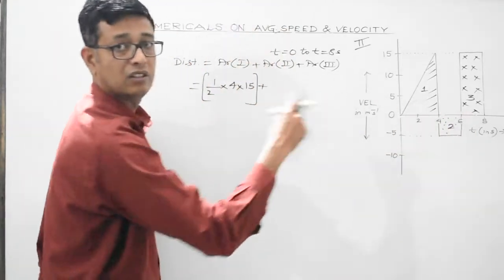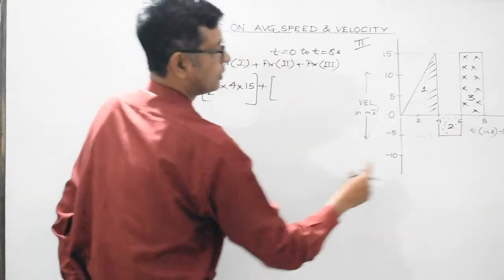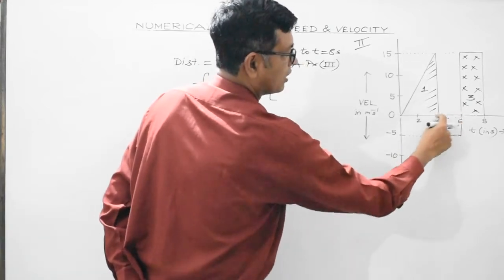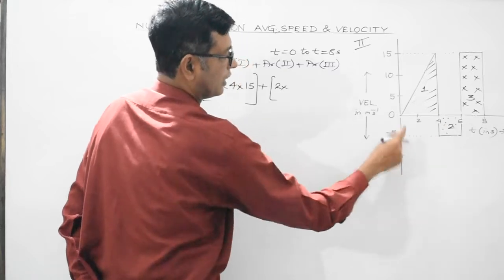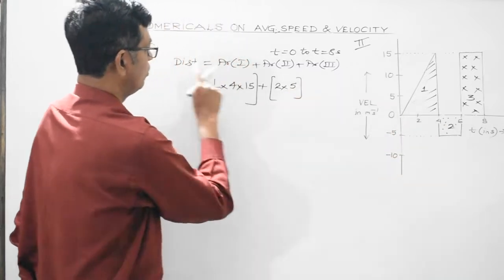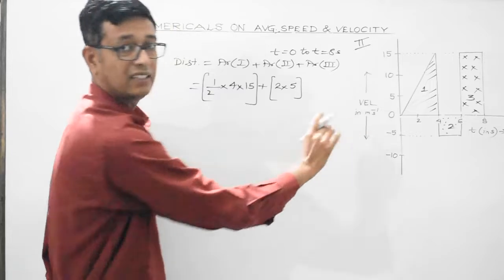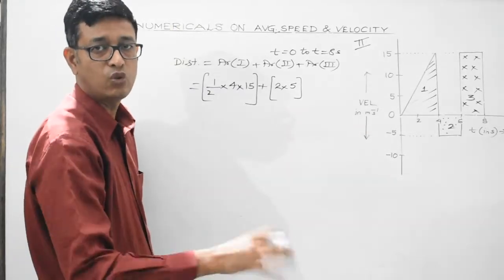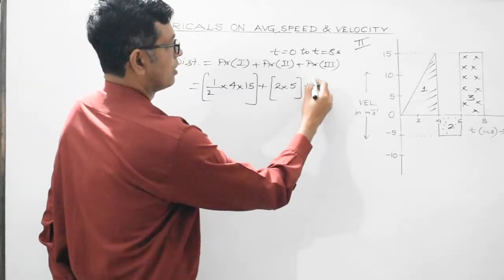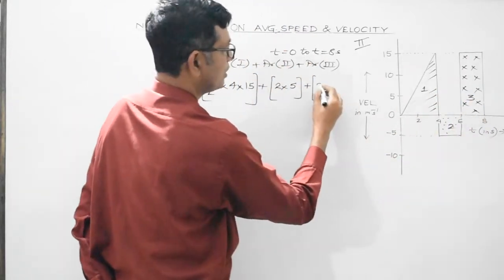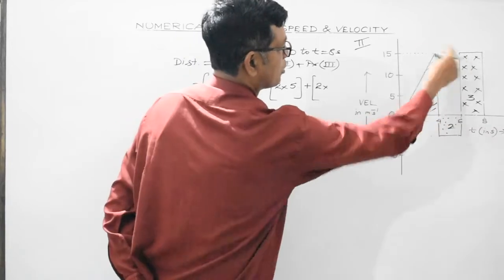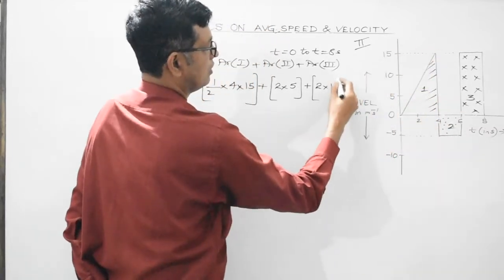It's in the form of a rectangle. Length into breadth. So this is between 4 and 6. It is 2 units. And over here, it's 5 units. Remember, while calculating distance, the sign is to be avoided. We simply need to add up. Third portion, again it's a rectangle. So this dimension is 2 units. And this dimension is 15 units.